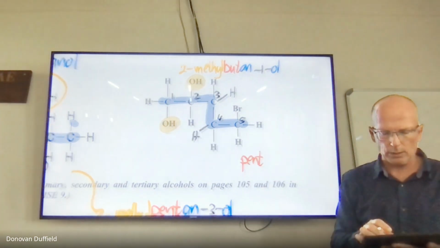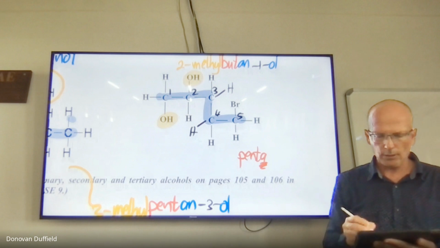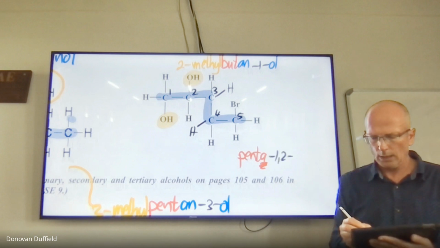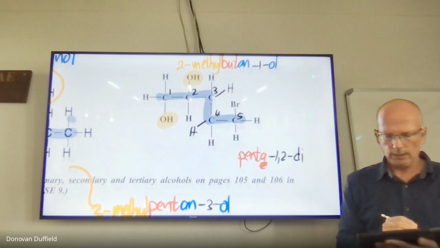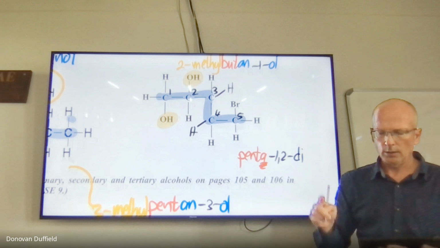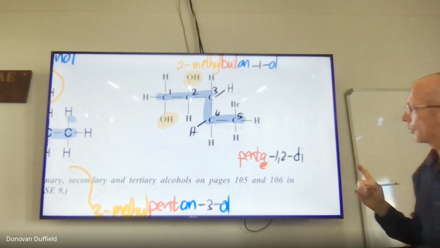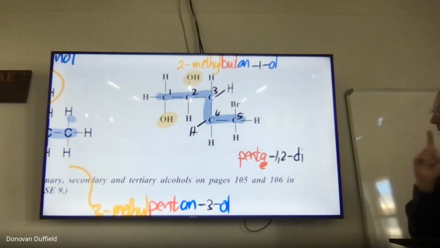So this is going to be penta. All right, we're going to have 1,2-di, and it's going to be pentan-1,2-diol. Okay, now I've got to be careful here. So this is a diol.